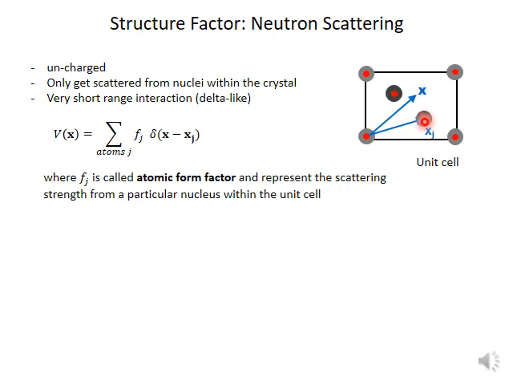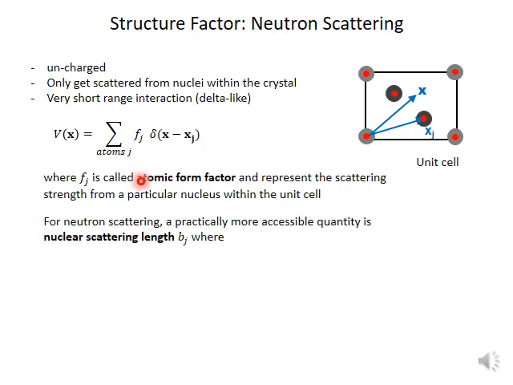If it is small, it would interact weakly with it. So this f_j basically represents the strength of interaction of incident neutrons with that particular nucleus of atom j within a unit cell. And for the total unit cell, you just simply add over all the atoms in the unit cell. Now the question is, what is this atomic form factor?